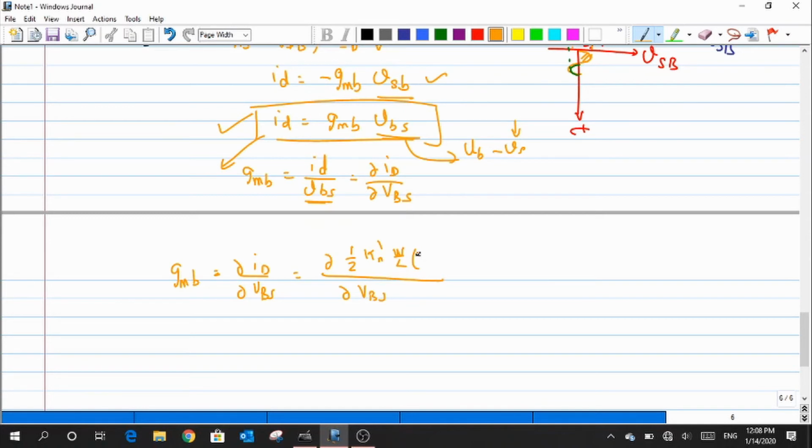When I'm trying to evaluate this GMB, I'm going to assume that the VDS and the VGS are fixed to a constant value. We did the same analysis when I evaluated the value of GM: I said the VDS was fixed to a constant.